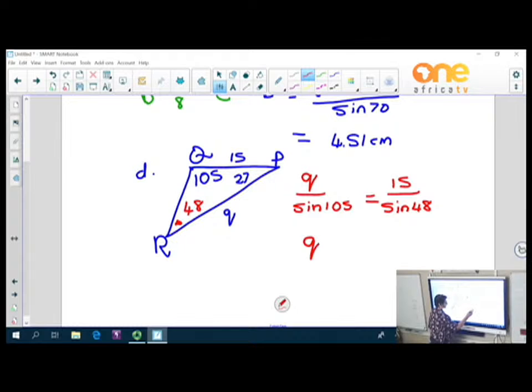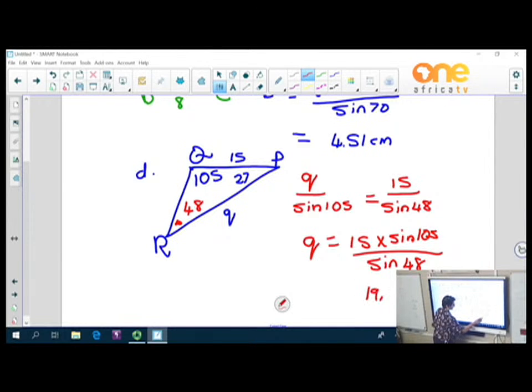Here we do multiplication. 15 times sine 105, divide by sine 48, and the length of q is then 19.5 centimeters. So these ones were all about finding the side.